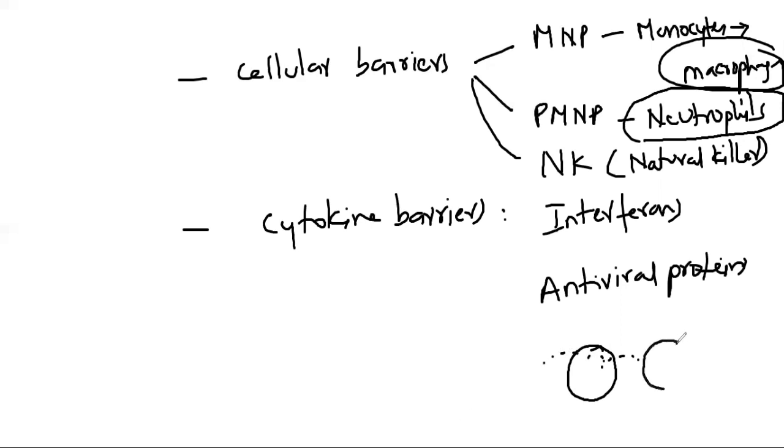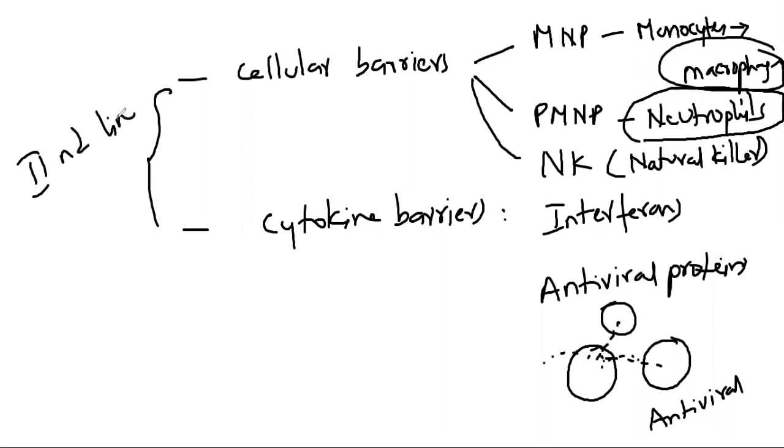They just enter the neighbor cells and bring an antiviral state in the neighbor cells. So the interferons are generally called antiviral proteins. Both cellular and cytokine barriers together are considered as the second line of defense.